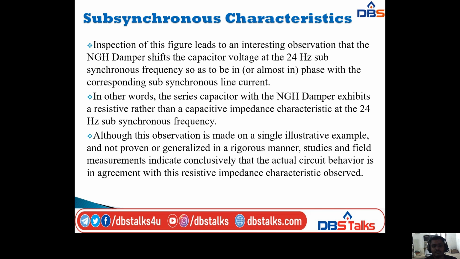Although this observation is made on a single illustrative example and not proven or generalized in a rigorous manner, studies and field measurements indicate conclusively that the actual circuit behavior is in agreement with this resistive impedance characteristic.